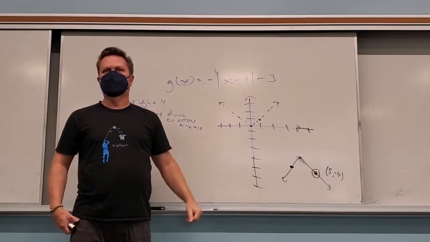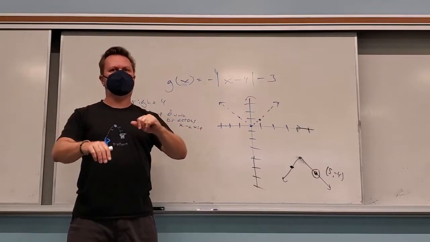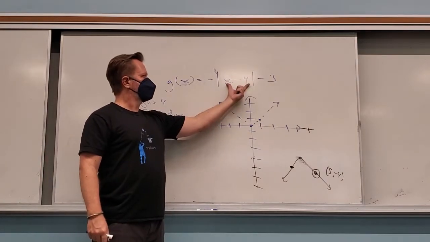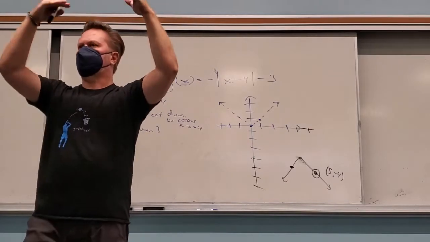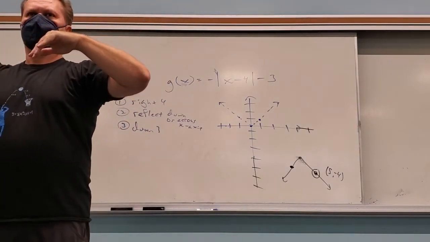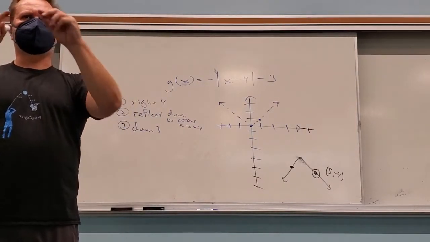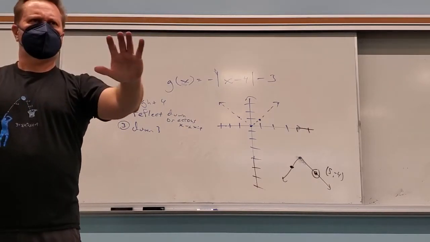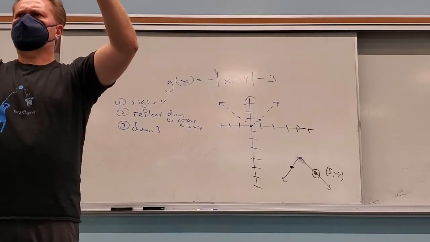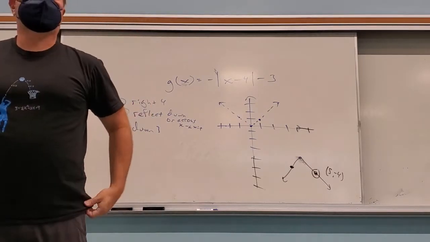And technically, you really should be careful. You really should do this first, then this, then that, just to keep it in your head that it should follow order of operations. It just happens to be in this problem that it doesn't matter if you move it left, right, and then reflect, or the other way around. Are you guys with me? So order of operations keeps things on track more than we thought.